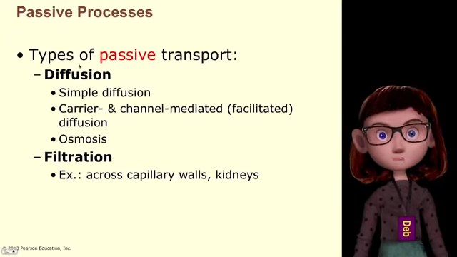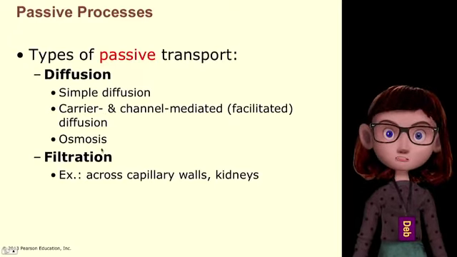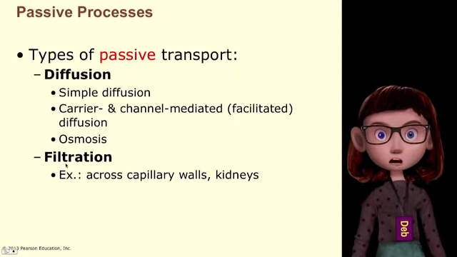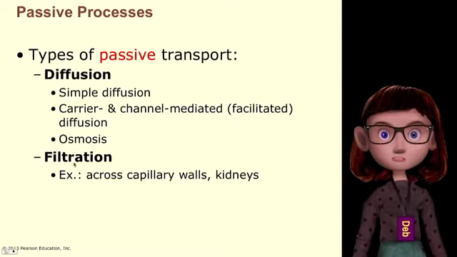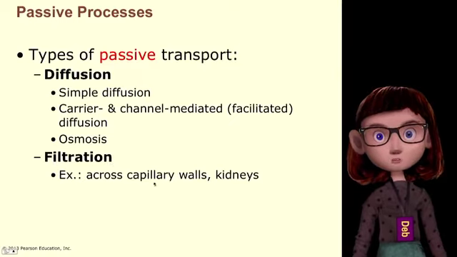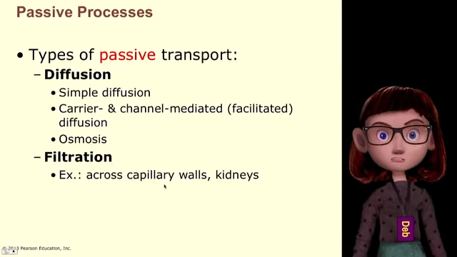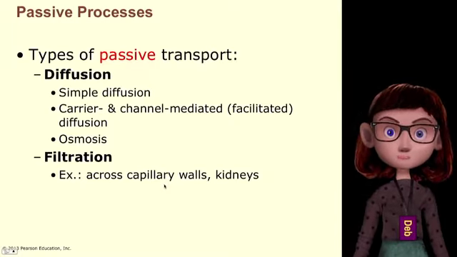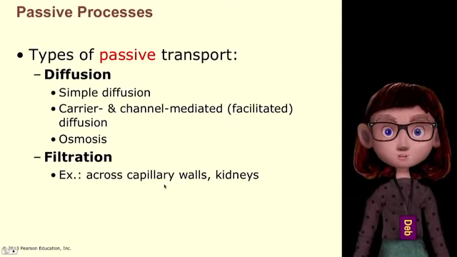All three of these are types of diffusion. And then another type of passive transport, and this particularly is for water, it's called filtration. Filtration can occur across capillary walls. Your capillary walls are only one cell thick, very thin, and particularly if there's hydrostatic pressure, like in your blood pressure, basically a little water pressure behind it.